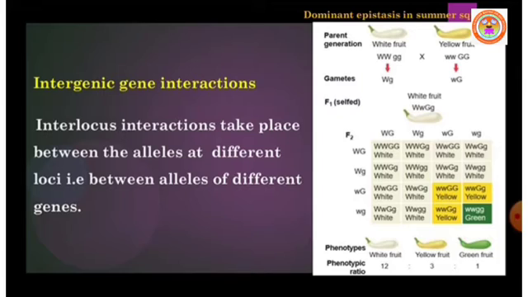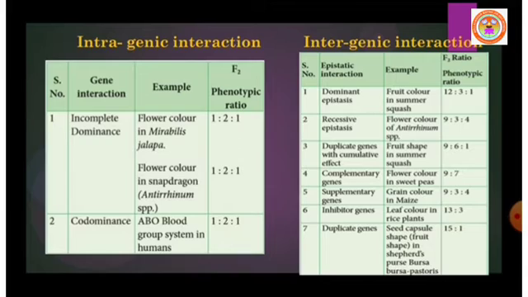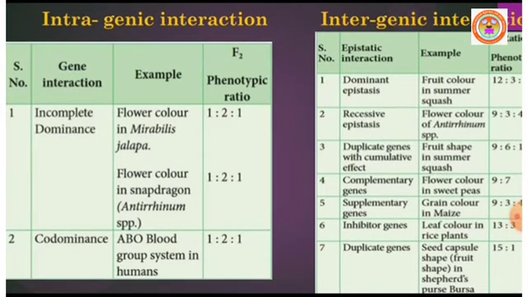In the previous class, we studied intragenic or allelic interaction, where alleles of the same gene interact: incomplete dominance in Mirabilis jalapa. It is also called blending inheritance. The phenotypic and genotypic ratios are the same.